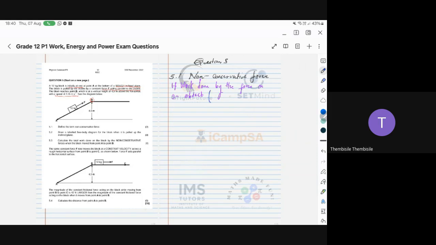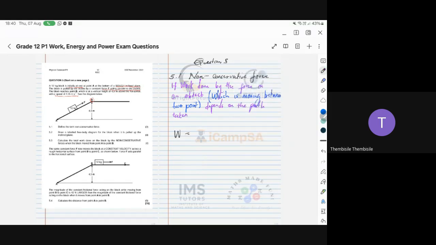Remember, work is done on an object by the force, and it depends on the path taken.